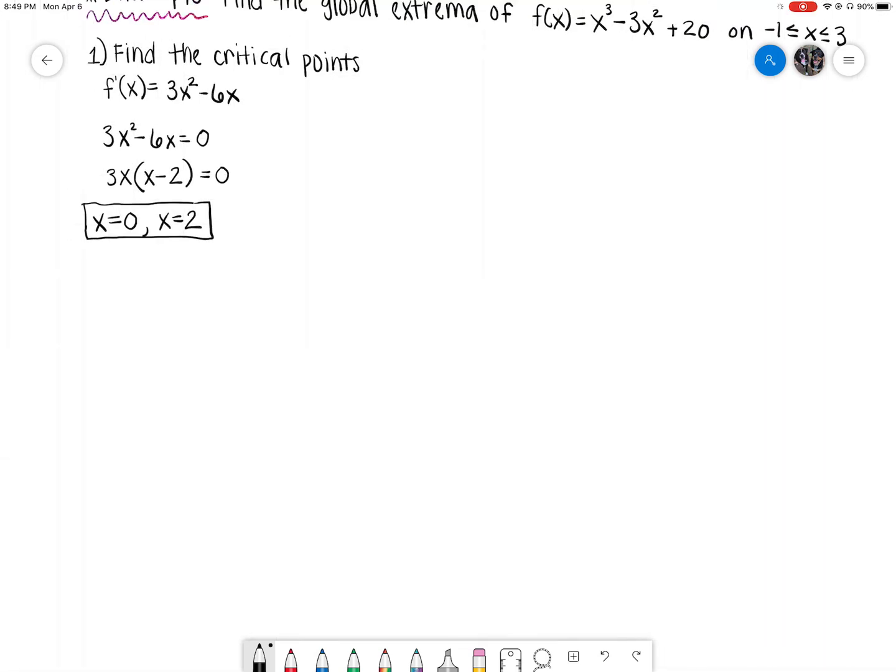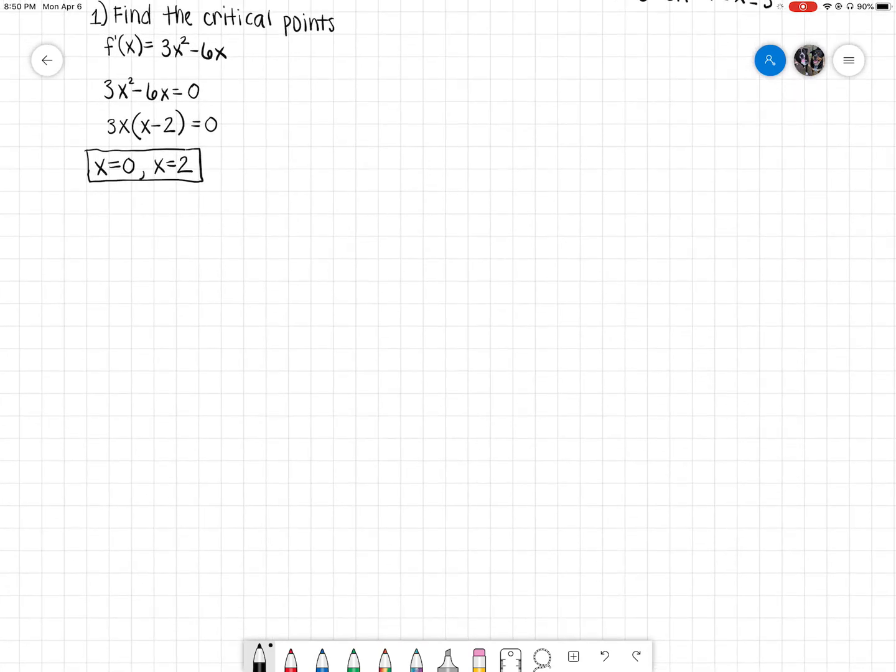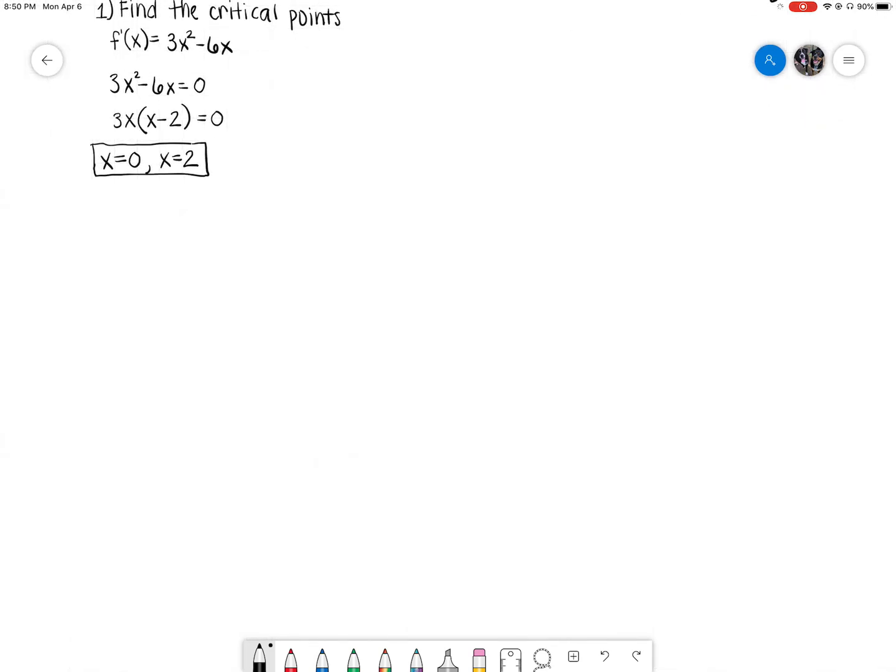Okay, so we have critical points. Next thing is we need to get some function values. So evaluate f at critical points and endpoints.